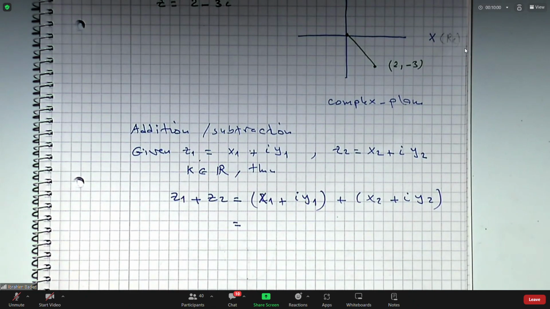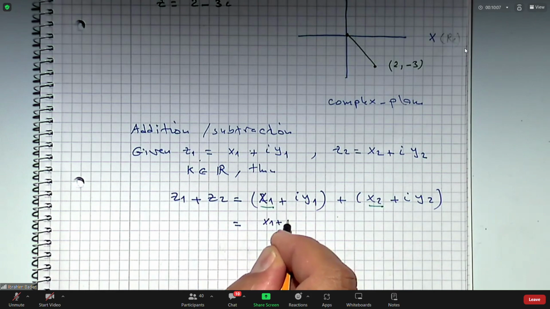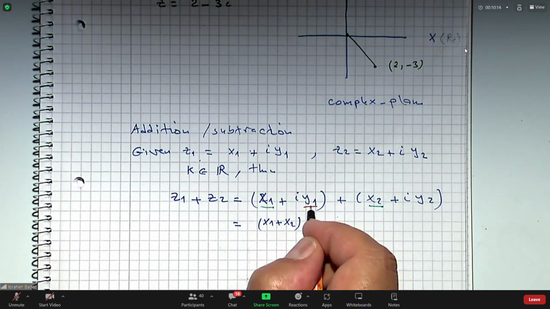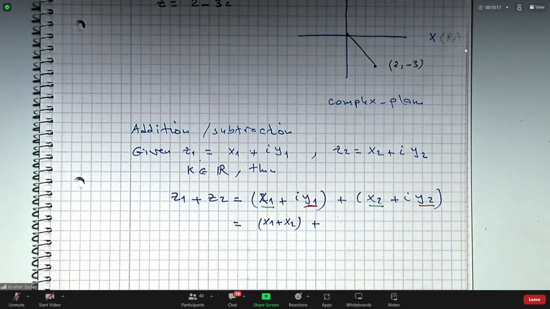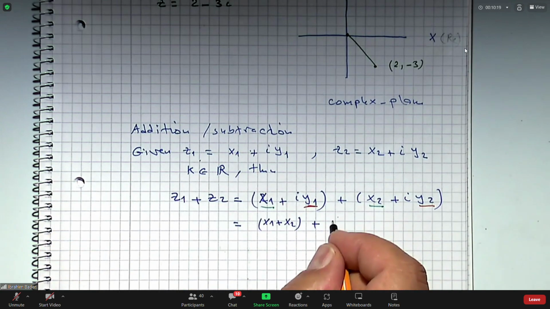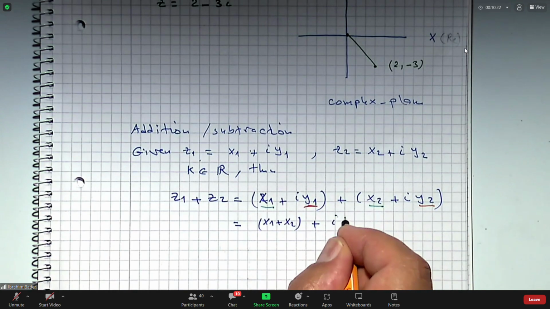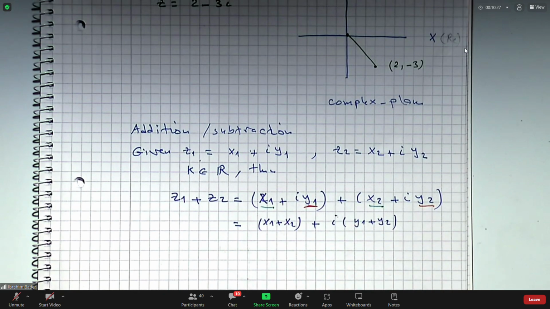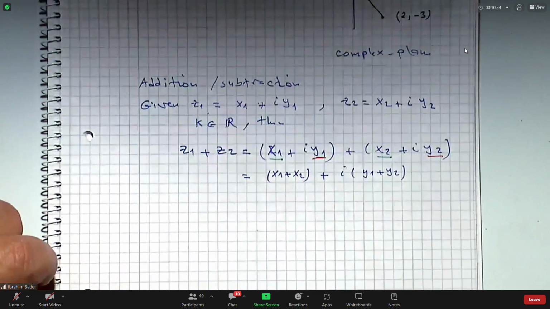Here I will take the x components and add them up together, and notice that I will be getting x1 plus x2, plus i times the y components added similarly, y1 plus y2, and I take i as a common factor. So you see here two numbers in the standard form, or Cartesian form. I added them up to get the number in the same format.